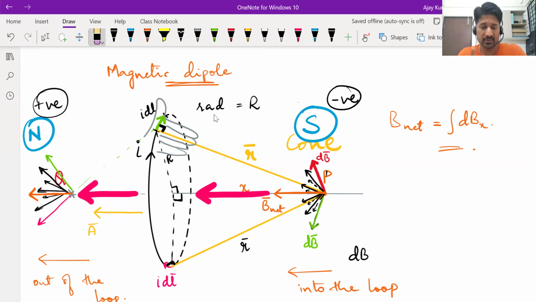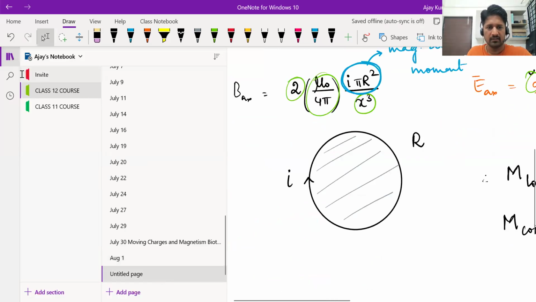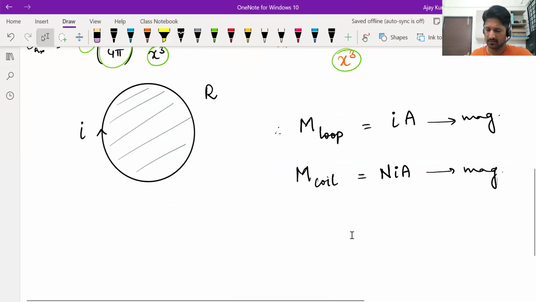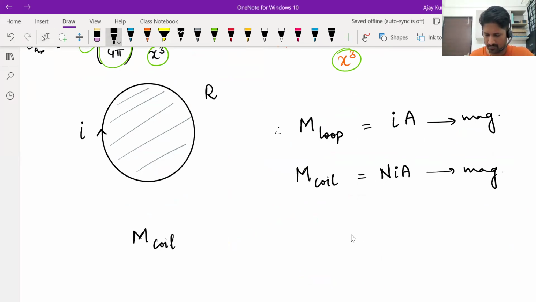But while expressing magnetic moment, we assign the direction shown by the thumb when you curl your right hand fingers along the flow of current. That direction is assigned to the area vector, not the other direction. So magnetic moment is in the direction of that area vector. Therefore, we can say that magnetic moment as a vector is NIA vector.